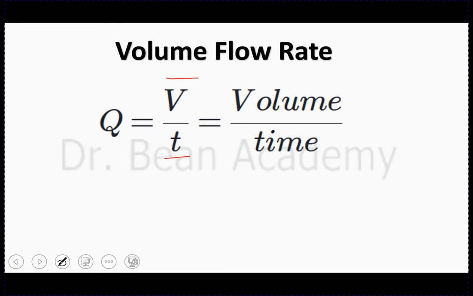Just remember, this is uppercase V, which is for volume, and it's not for velocity. Don't confuse it with velocity, because usually for velocity we use a lowercase v. Volume flow rate is volume per unit time. Let's elaborate it further.